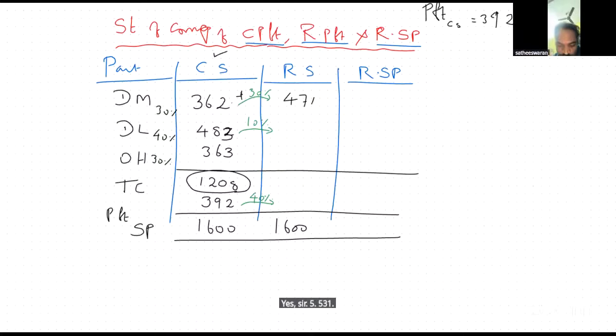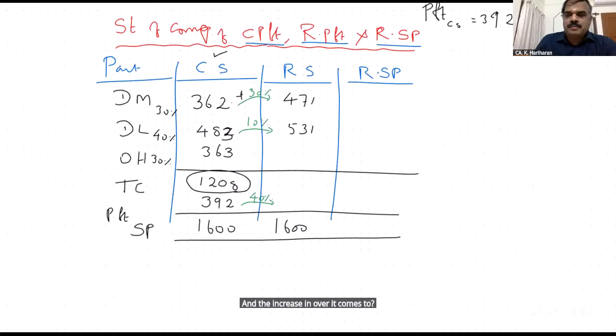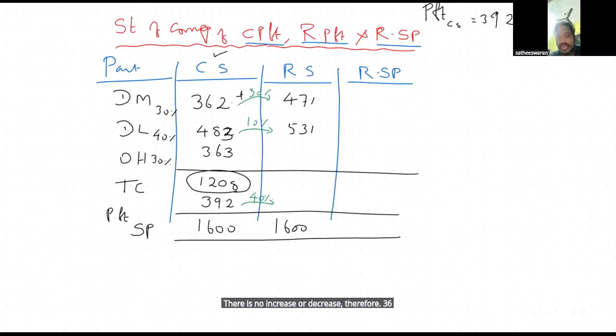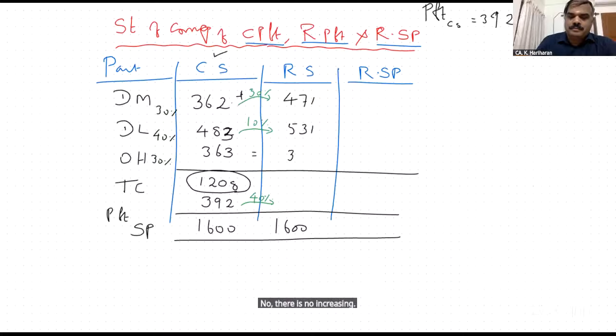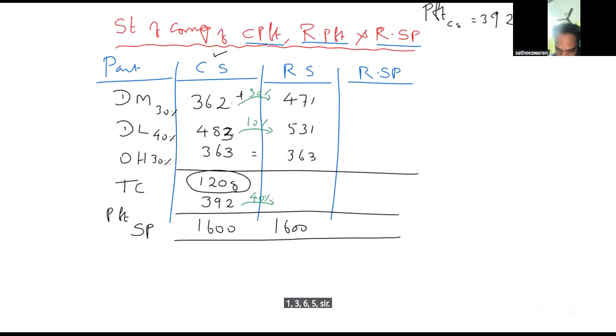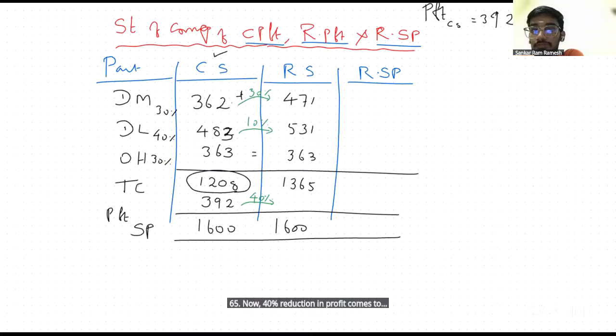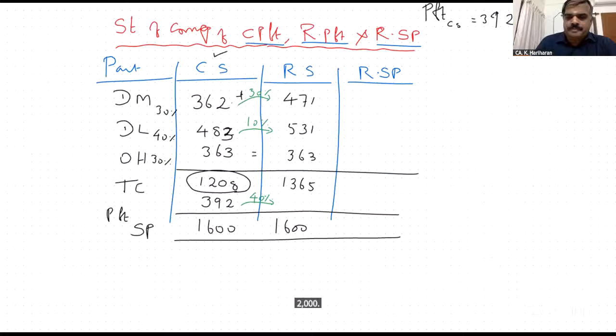And the overhead has the same cost, 363, as there is no increase or decrease. So what is the revised total cost? 1365. Now 40% reduction in profit comes to 235.